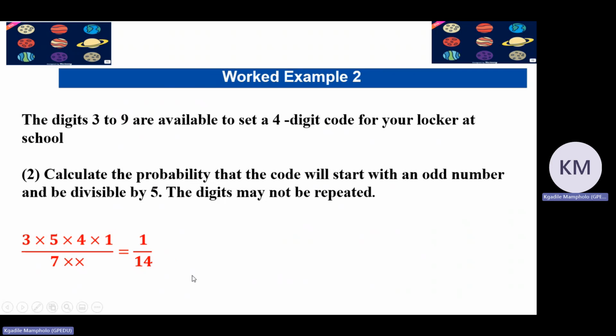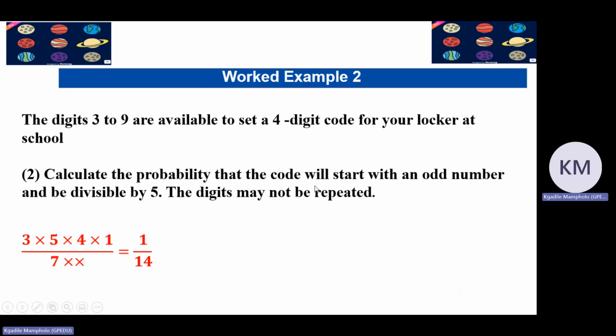So let's not forget that here the denominator will be 7 times 6 times 5 times 4, because repetition is not allowed.